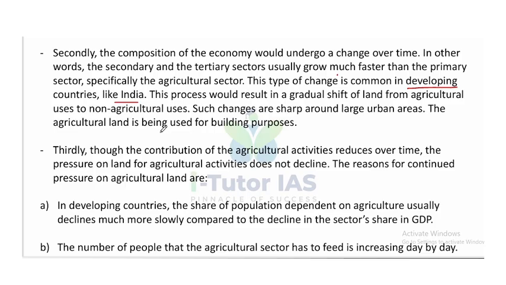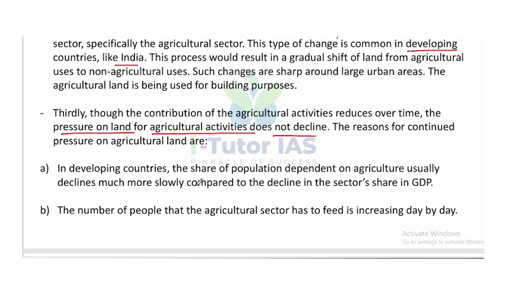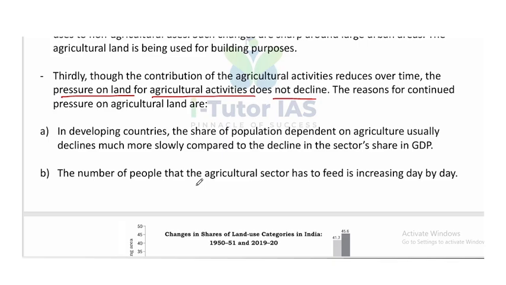Now, thirdly, though the contribution of the agricultural activities reduces over time, the pressure on land for agricultural activities does not decline. Let's discuss some of the reasons for the continued pressure on agricultural land.